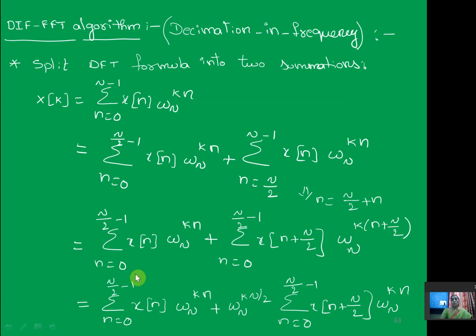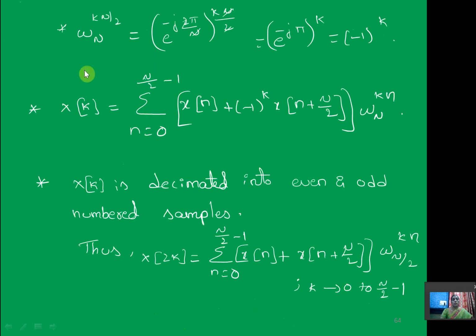Here if you observe, summation limits are same and W_N power kn is same. So if you combine these summations, then you can get summation n = 0 to N by 2 minus 1, x of n plus W_N power k N by 2 x of n plus N by 2, into W_N power kn.